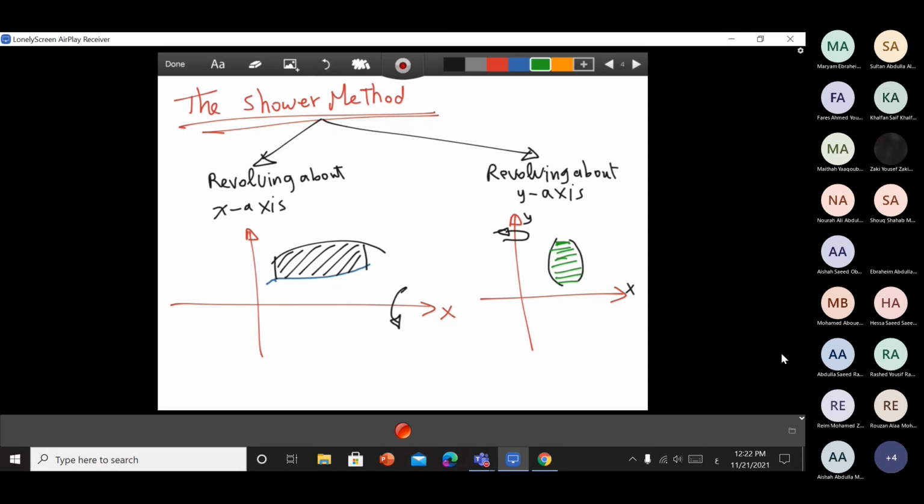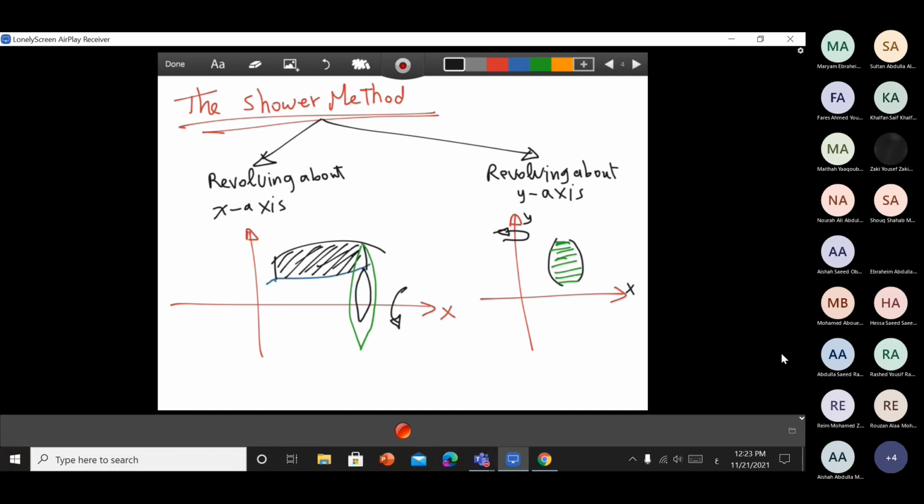Okay, so it is exactly like having the volume of the upper curve minus the volume of the inside one. And when you cut these two volumes, you will have the volume generated by the shaded area, right?